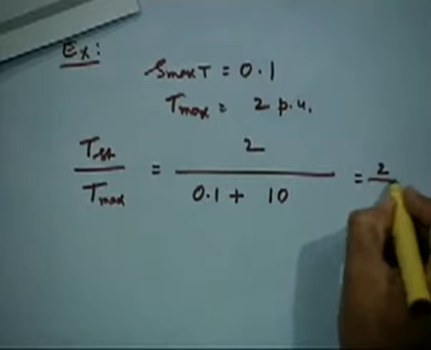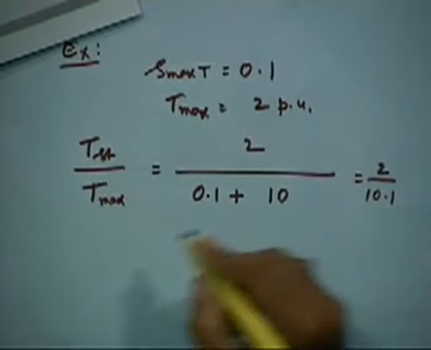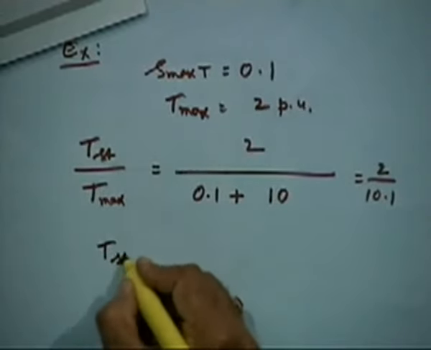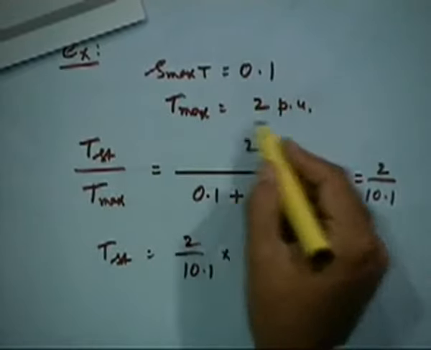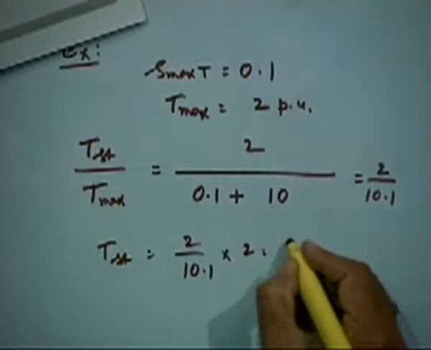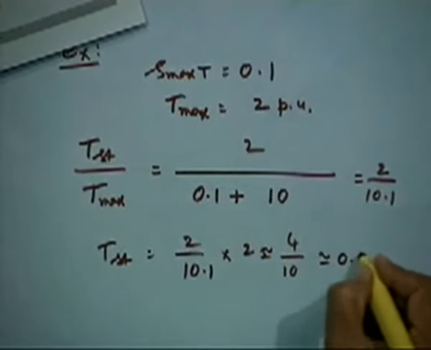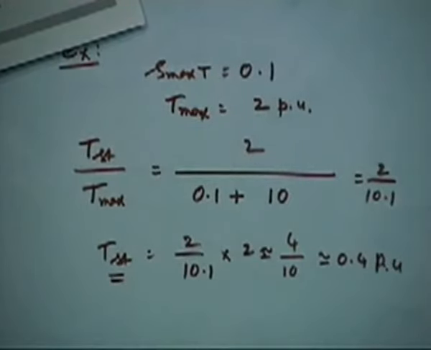It is 2 over 10.1. Therefore, T start will be 2 over 10.1 into T max, which is 2 per unit. So approximately 4 by 10, or approximately 0.4 per unit. So starting torque will be 0.4 per unit under this condition. So this way you can approximately calculate the starting torque. Okay.